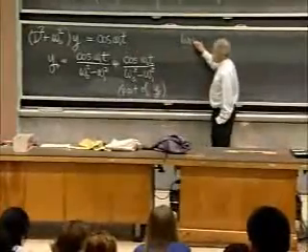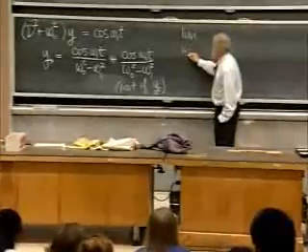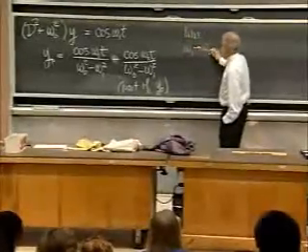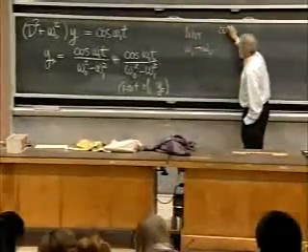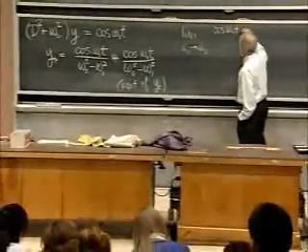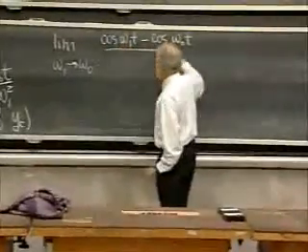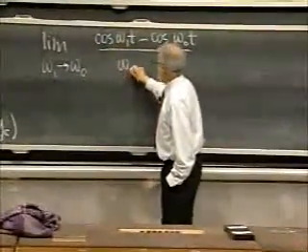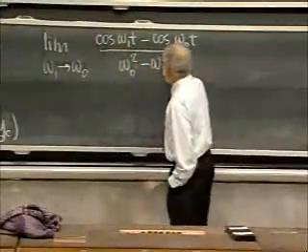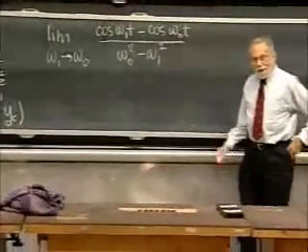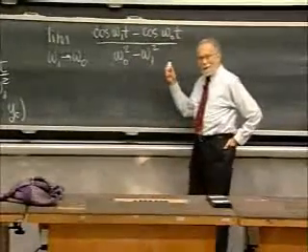All I'm going to do now is calculate the limit as omega 1 approaches omega 0 of this function. Well, what is it? It's cosine omega 1t minus cosine omega 0t, divided by omega naught squared minus omega 1 squared. Now, you see why I did that.